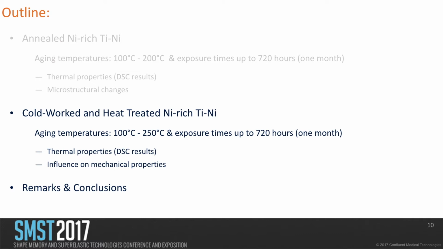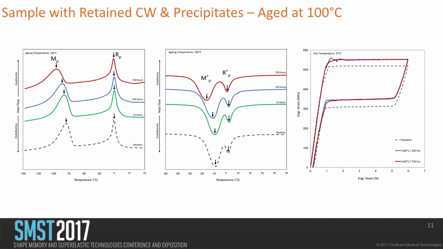Now moving on to a more relevant condition, with a device or a nitinol that has retained cold work and is heat treated, and looking at the 100 C exposure. Same thing, we see suppression of the martensite peak on both sides, formation and reversion, and now we have the R peak, but the R peak is unchanged.